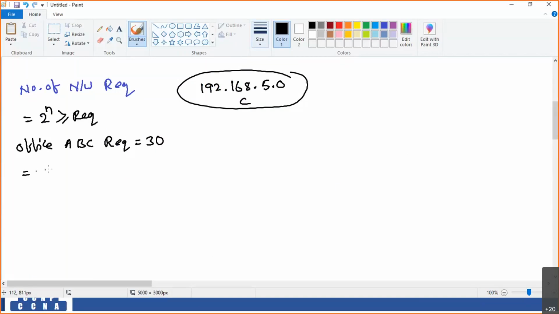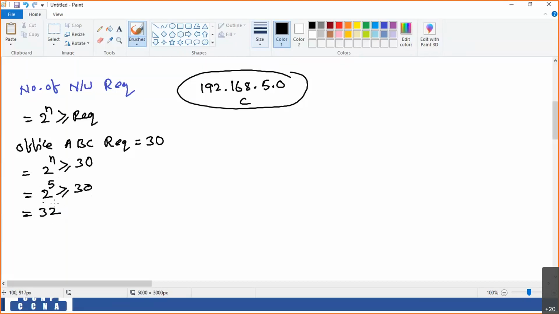In this example, 2 power n greater than or equal to the requirement of 30. What n value will be satisfied here? 2 power 5. 2 power 5 is 32. So 32 subnets are possible, but the requirement is 30.